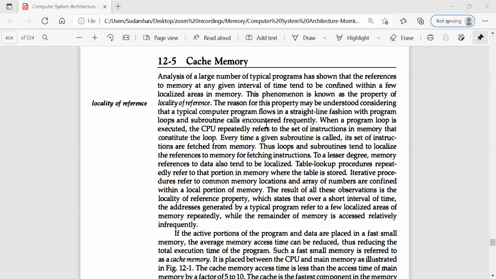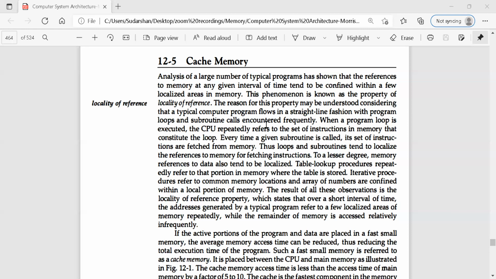What is the advantage of this cache memory? You know pretty well, speed is the important characteristic feature of cache memory. The speed with which the cache memory operates is such that in a given time interval, instead of fetching one word or one data item from primary memory, you will be able to fetch 10 data items from cache memory.